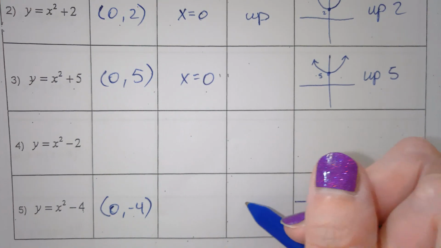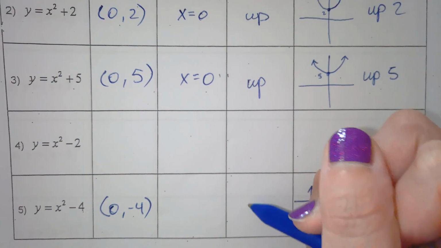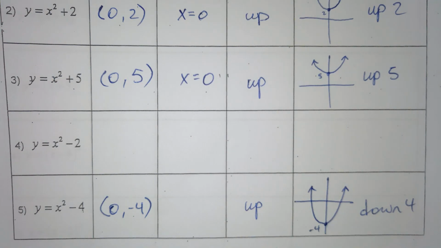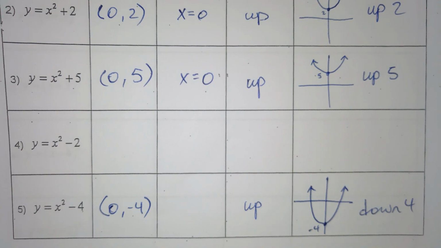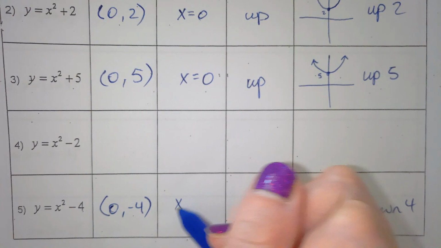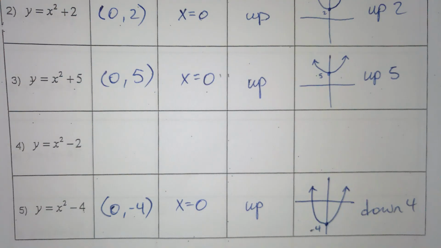As we said, all of these open up. What's my axis of symmetry here? Still x equals 0, right? Again, we're just moving the whole graph up and down.